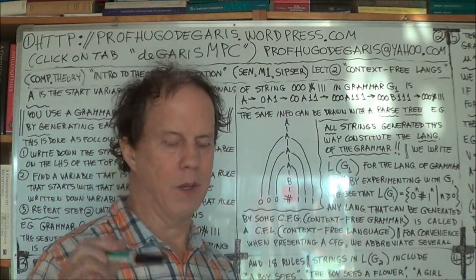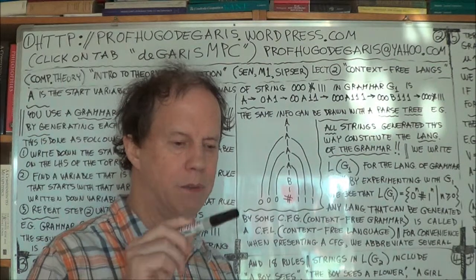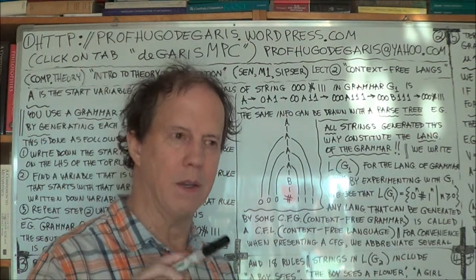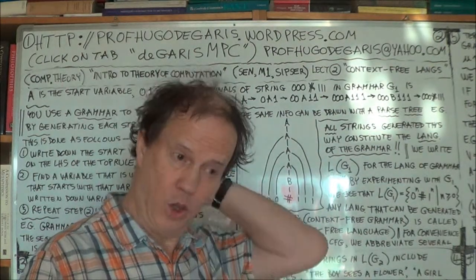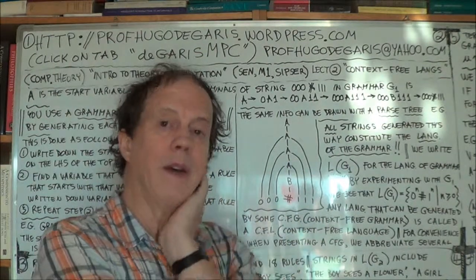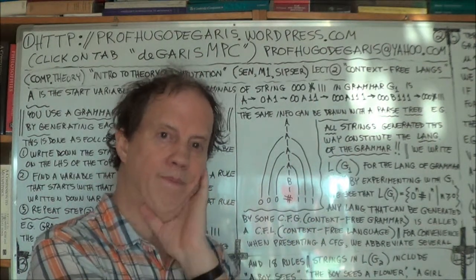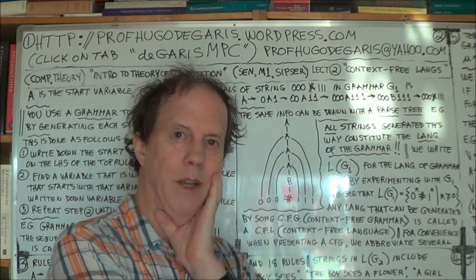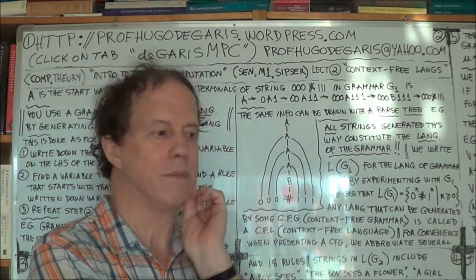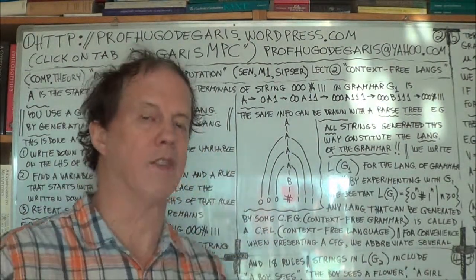So when you see A arrow B vertical bar C, interpret that to mean it's shorthand for two rules: A arrow B or A arrow C. Okay. So I'm cribbing a little on the beginning of the next session.